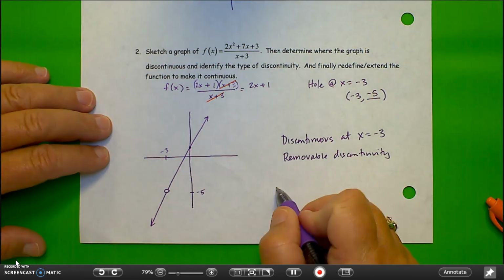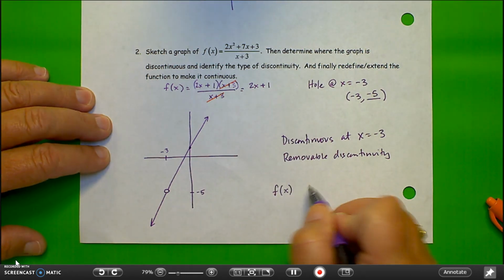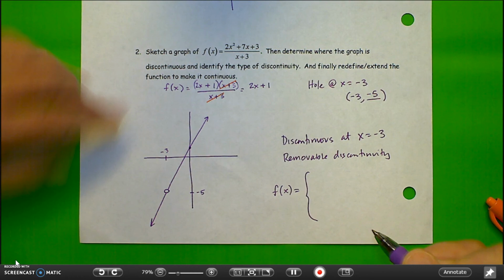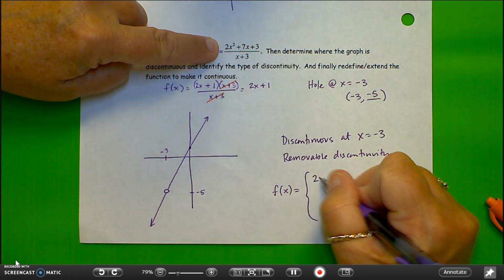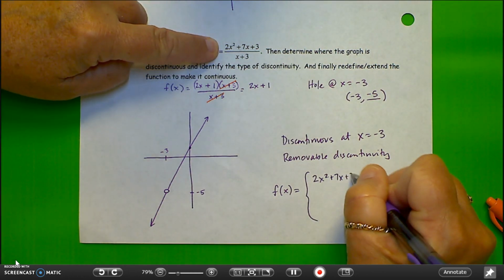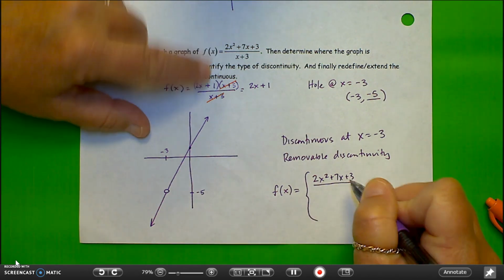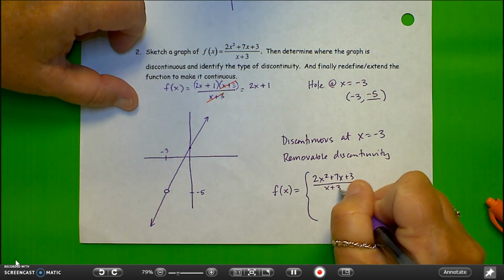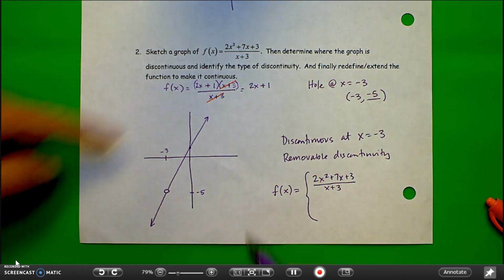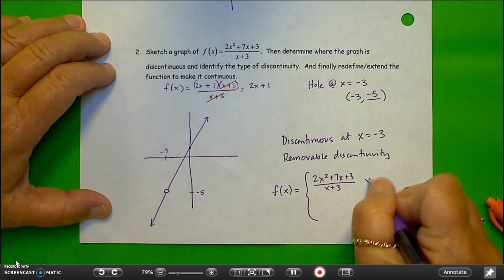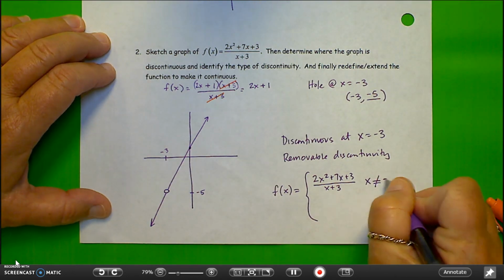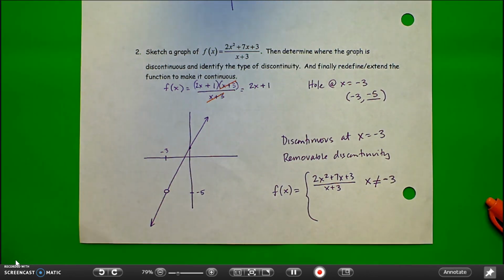In order to do this, we will create a piecewise function, and basically you're going to repeat the original function, the original version, not the simplified version. So there's my original function. That applies everywhere except x equals -3. And now my task is to fill that hole.